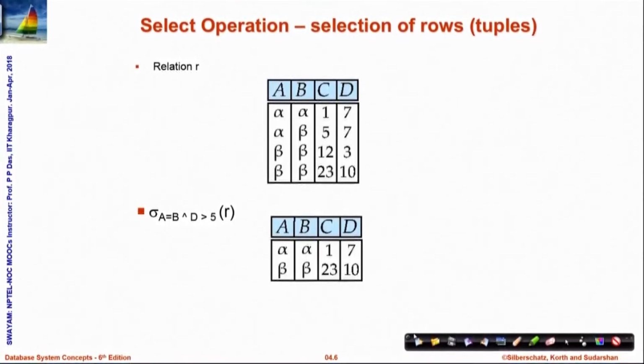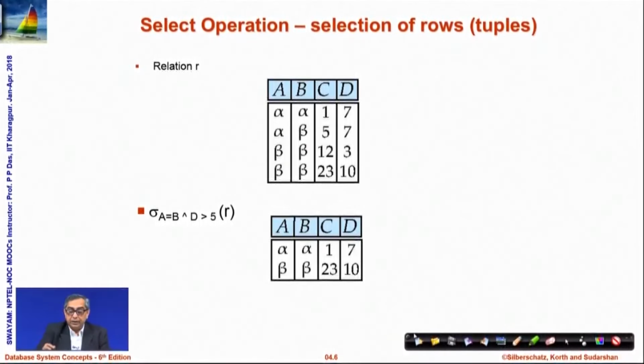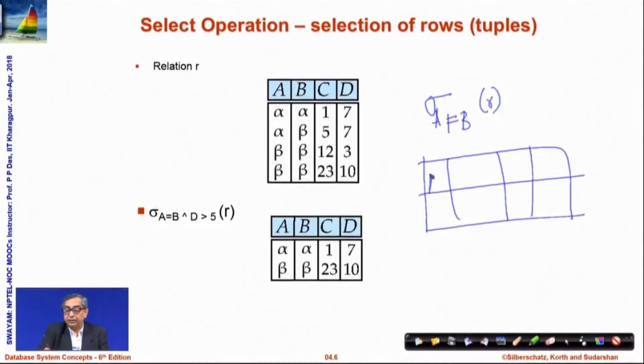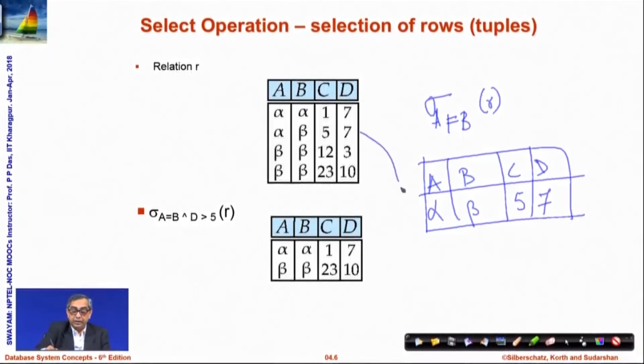For example, if on the contrary we say sigma A not equal to B of R, then naturally I will have a relation with fields A, B, C, D, and that relation will be only this row, because that is the only row where A is not equal to B.